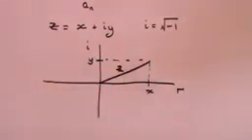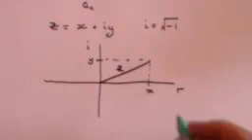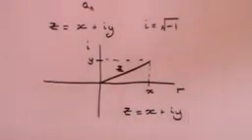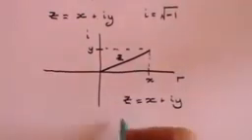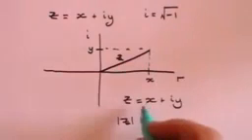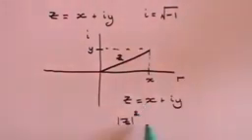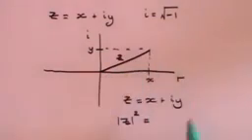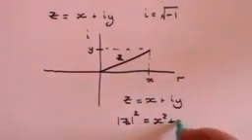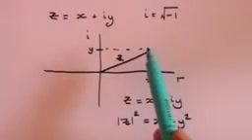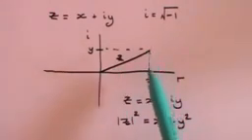That's the way we represent it. So z equals x plus iy, and you can see that the modulus of z, that is to say the actual length of this vector, squared, is equal to, by Pythagoras, simply this squared plus this squared, which is x squared plus y squared.